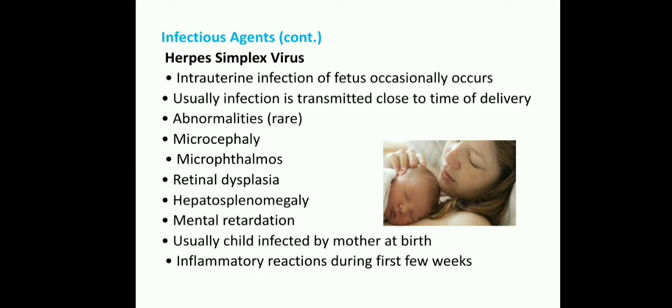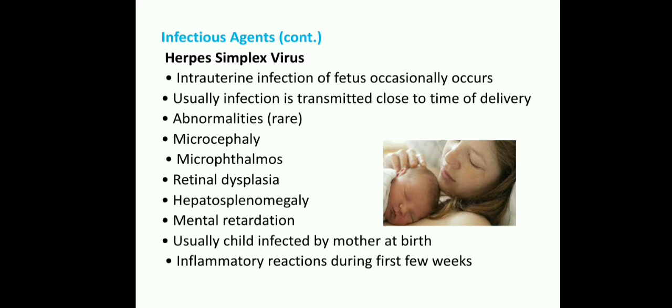If the mother is suffering with herpes simplex virus, how will the intrauterine baby develop? Intrauterine infection of the fetus occasionally occurs. Usually the infection is transmitted close to the time of delivery.